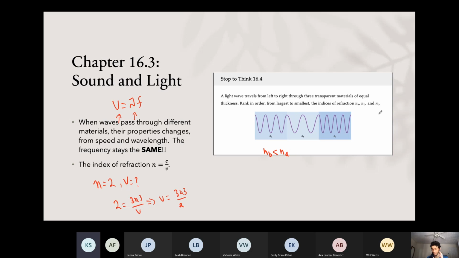If your wavelength decreases, NC is less than NB. Yes, indeed. So NC is less dense than NA.